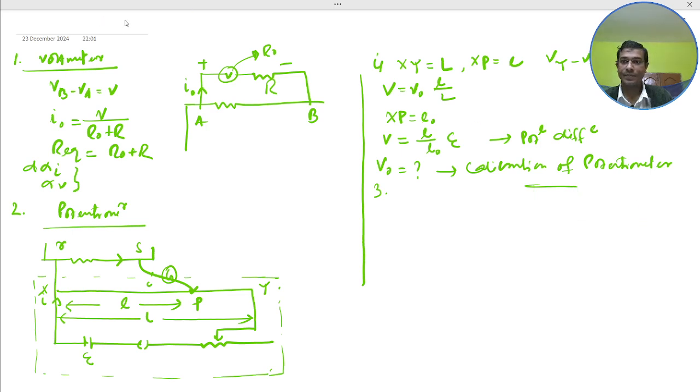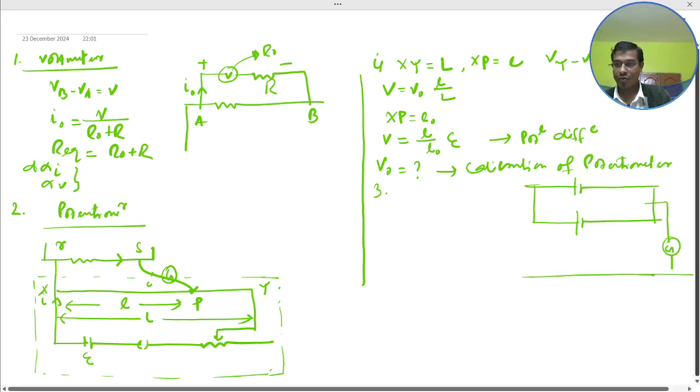Here this joint is a galvanometer, and this is one length with a battery and a resistance.